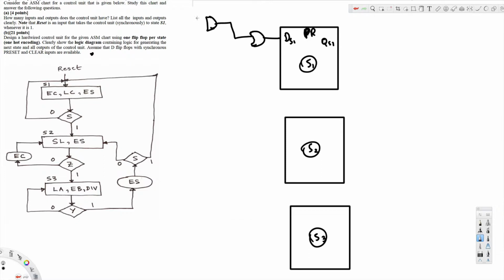The inputs are QS1 and S bar. For this one, another AND gate is connected and the inputs are QS3 and Y, and for this one S. Okay, and that's it for this one.